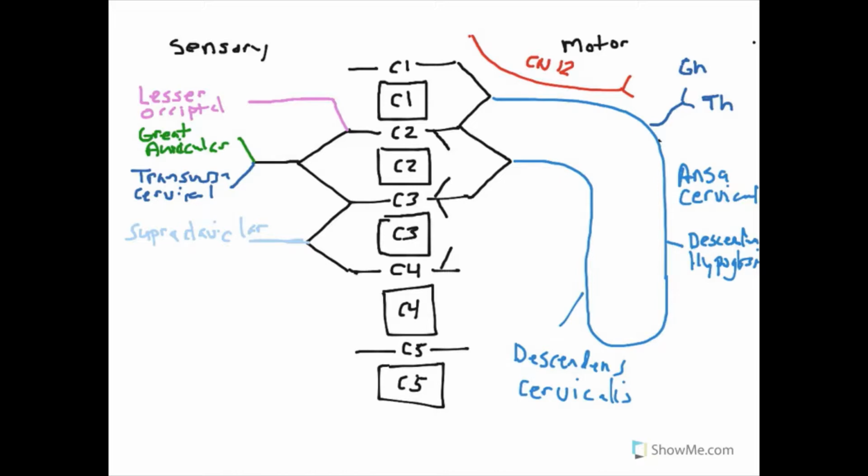here. Now, as well, there will be 1, 2, 3, 4 branches that I want to discuss coming off of the ansa cervicalis. 2 on this side, and then 2 on this side.